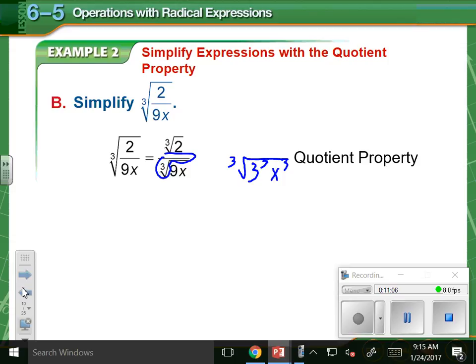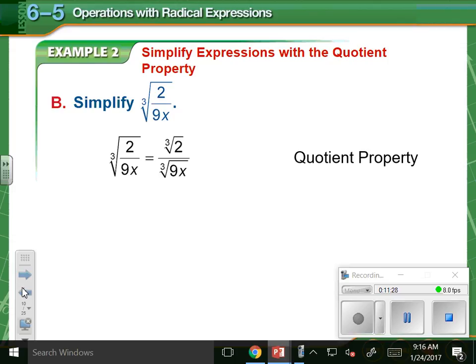If I had 3 to the third and x to the third under that denominator radical, then it would wipe itself out. But I don't. But I can make it that way as long as I multiply the top by the same thing, it'll work out.